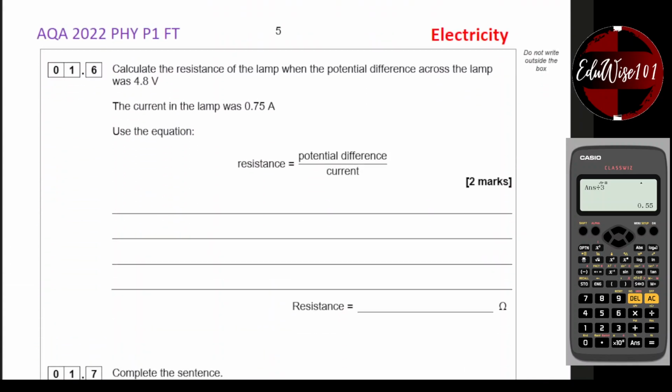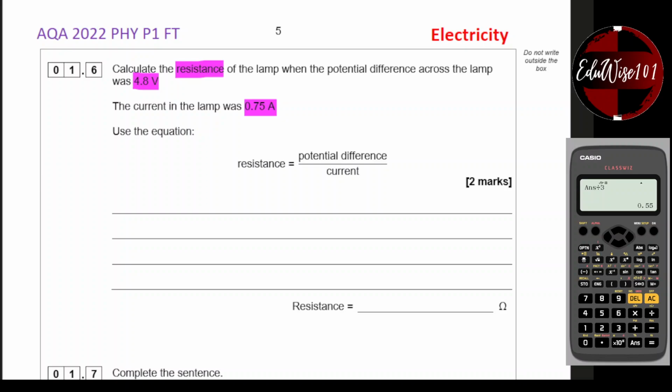Question 1.6. Calculate the resistance of the lamp when the potential difference across the lamp is 4.8 volts and the current in the lamp is 0.75 amps.